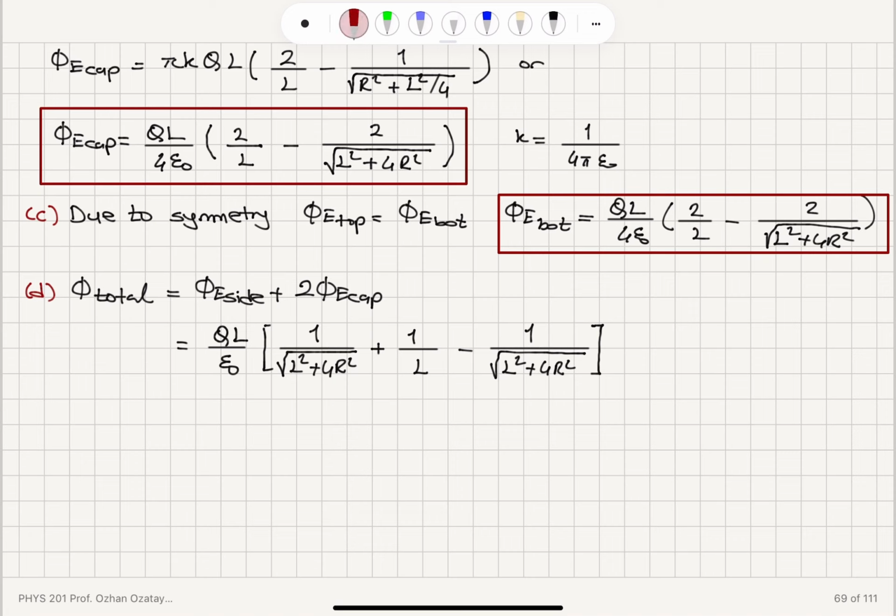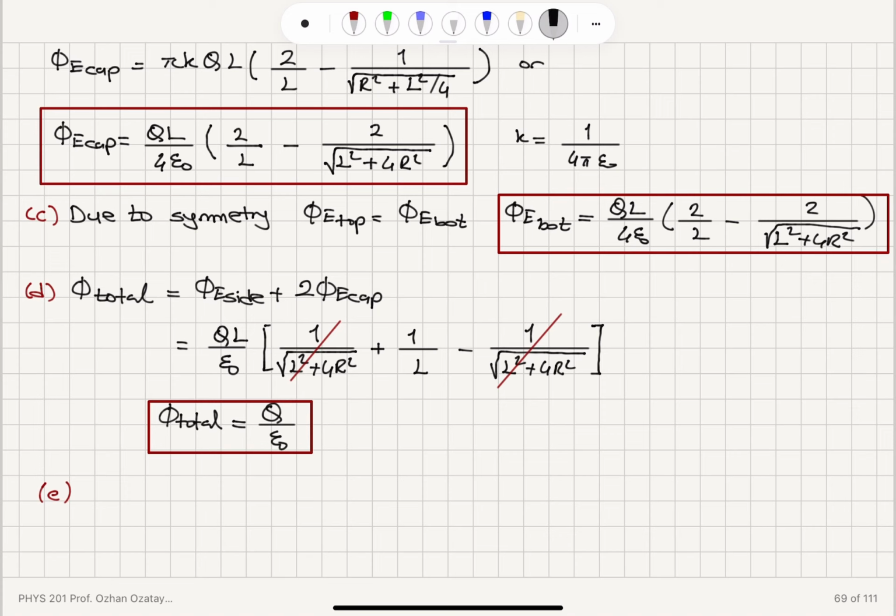Now you can see that these two will cancel out, and I will be left with the total flux, phi total, equal to capital Q divided by epsilon 0. Now in part E, we were asked to verify Gauss law.